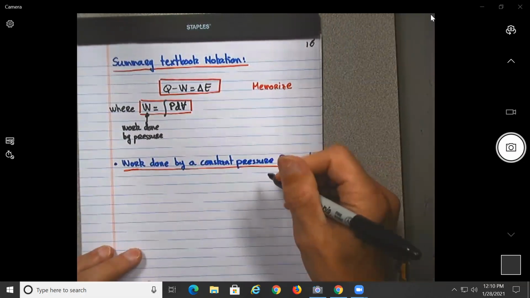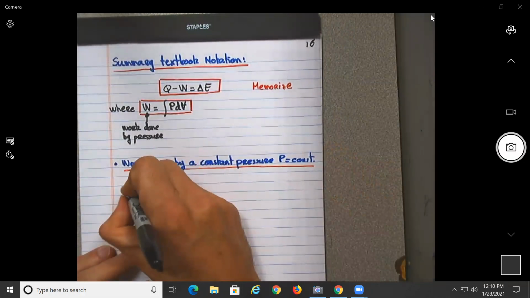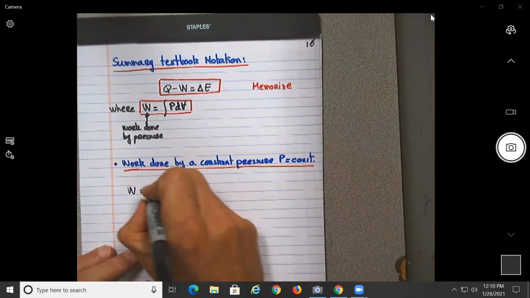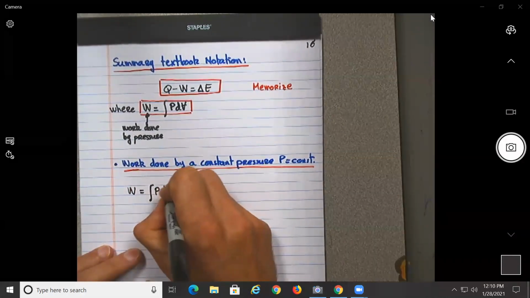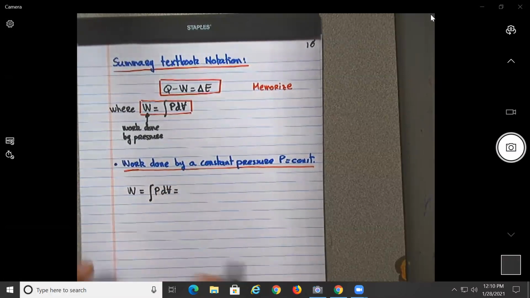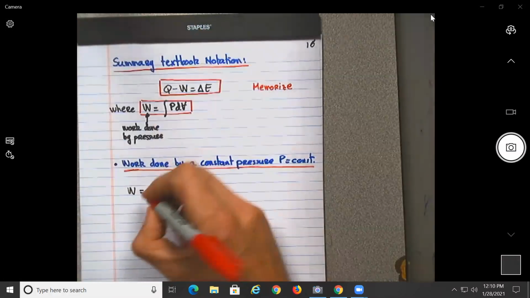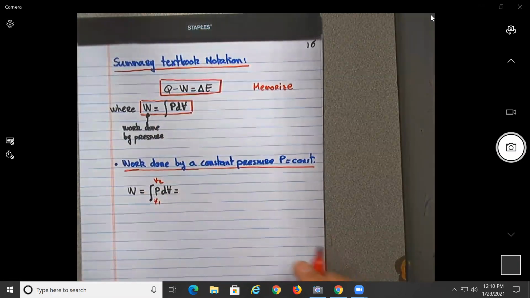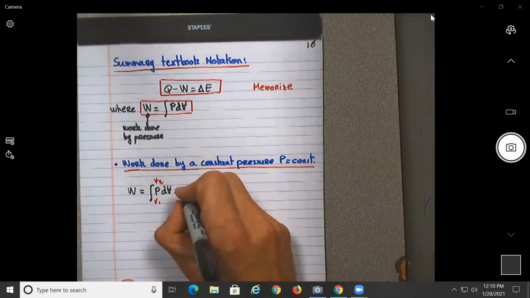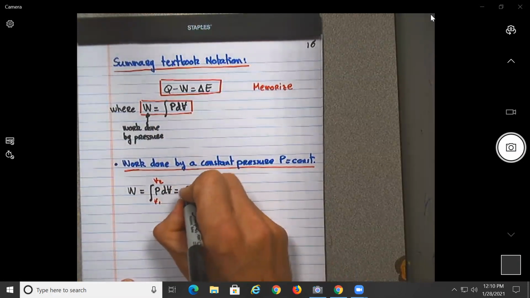So in this case, what would that mean? Work for constant pressure equal to integral of P dV. We're going to integrate between an initial volume V1 and a final volume V2. If P is constant, this integral will be equal to what?